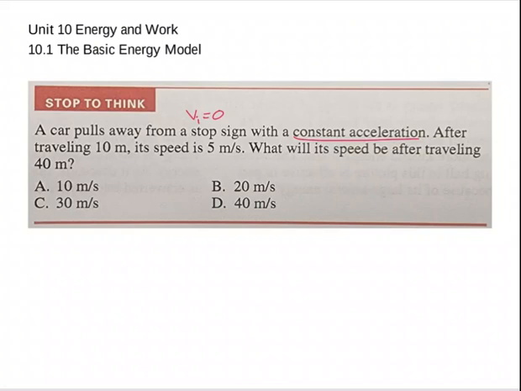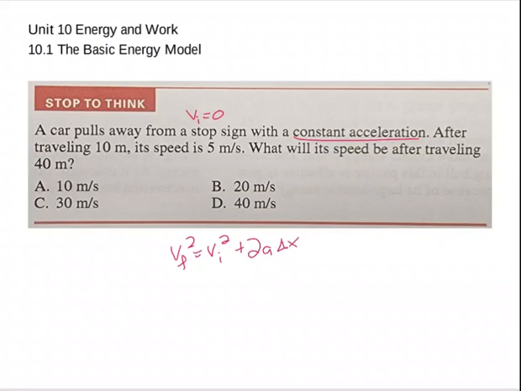We want final velocity, so we have VF, VI, and A. VF equals VI plus acceleration times delta T, but we don't have delta T. So VF squared equals VI squared plus 2 times acceleration times delta X. Great. VF squared equals VI squared plus 2A delta X, right? Delta X? Yeah. Delta X.